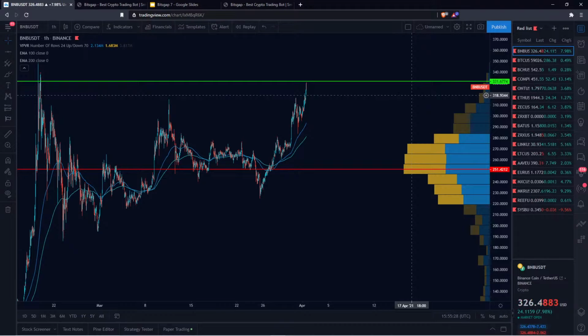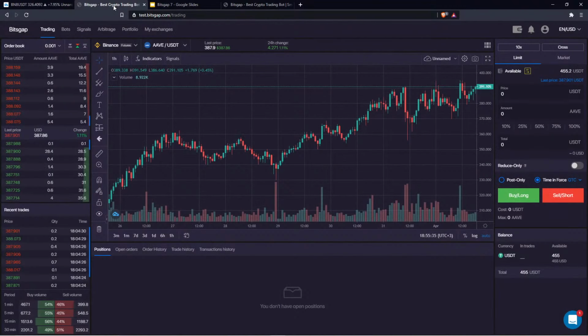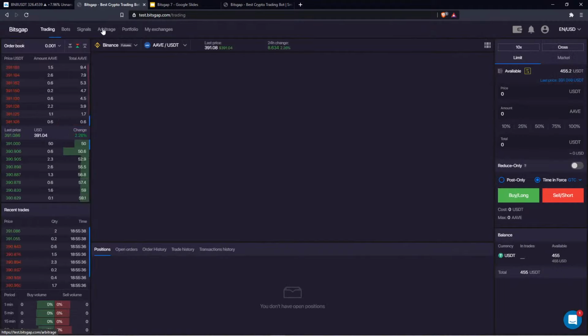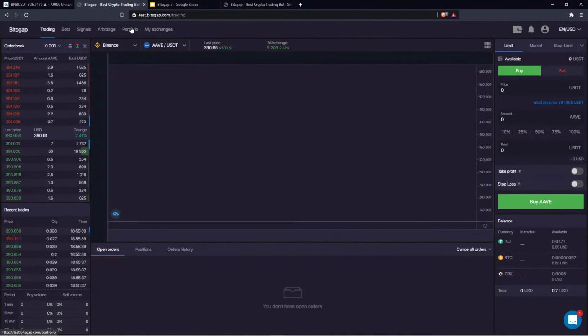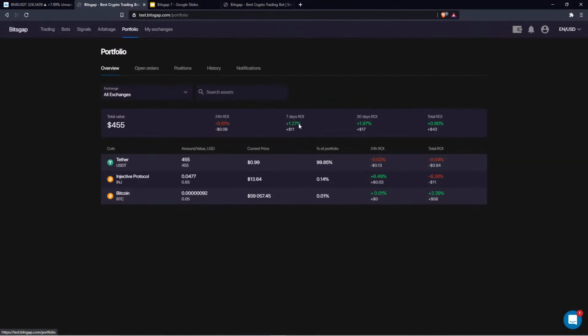So there are lots of tools to analyze the market, and thanks to Bitsgap you have all the tools to seize these market opportunities with automation, with smart trade, and a simple Hodl strategy. And you can monitor your Hodl in the portfolio here.